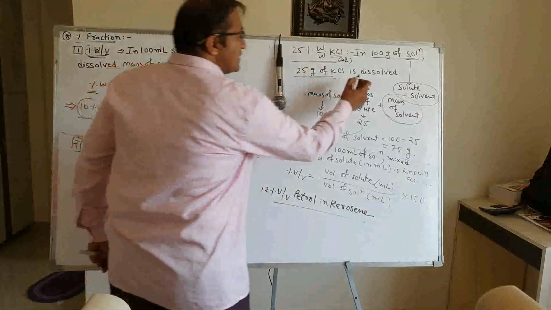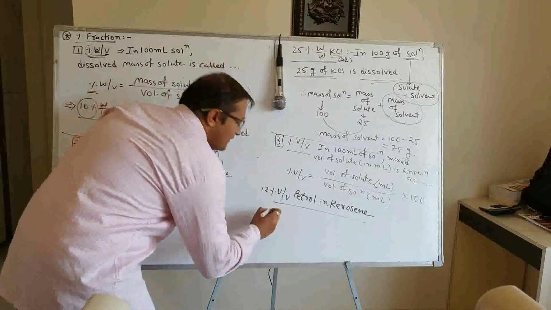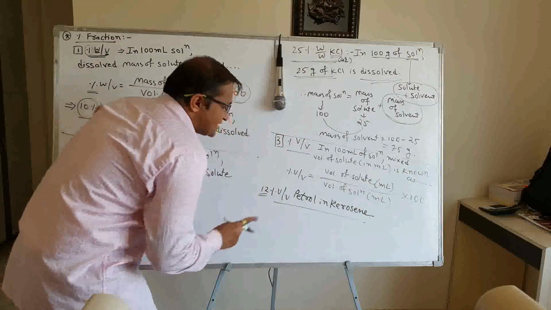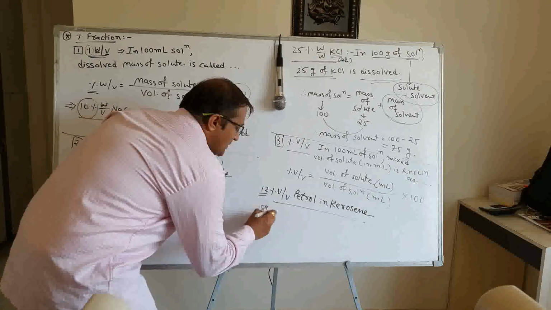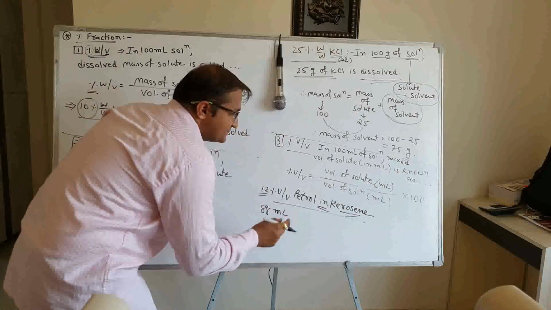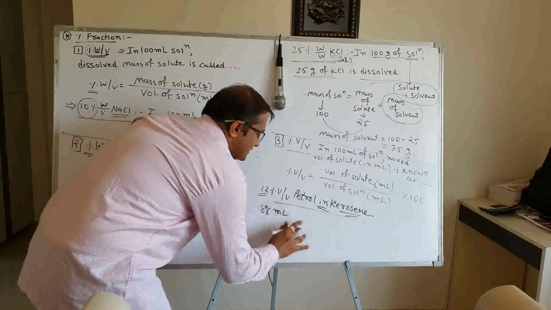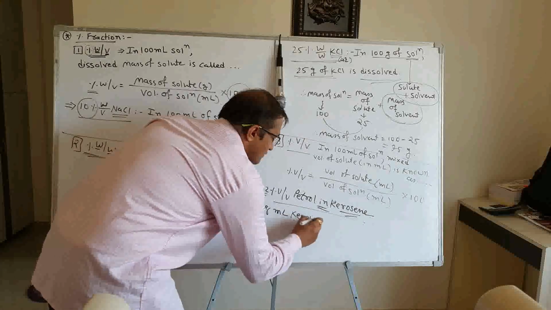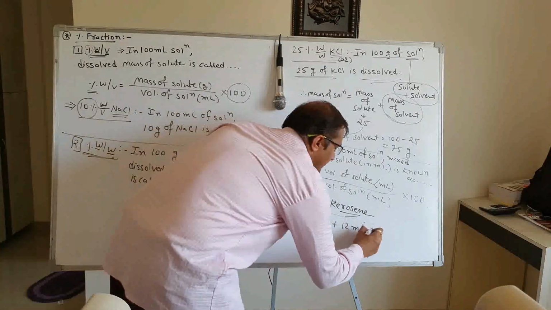But based on solute and solvent, like W by W, here we can say the subtraction, 100 minus 12. So it will be 88 ml of kerosene, because the solvent is kerosene, and 12 ml of petrol.